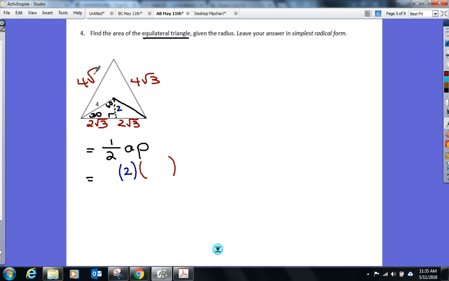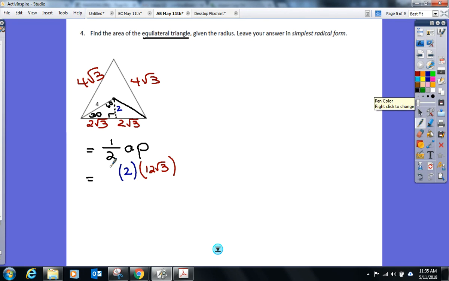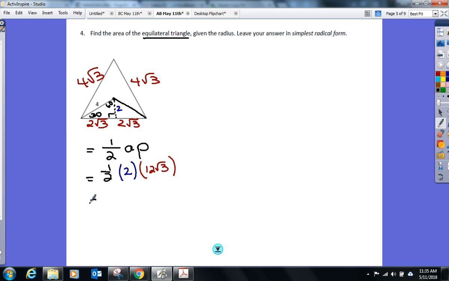Yep. Perimeter. If you add up all those radical 3s, how many do you have? 12 radical 3. Anybody take a peek up at the directions? Simplest radical form, which means get that radical 3 down in your answer, please.